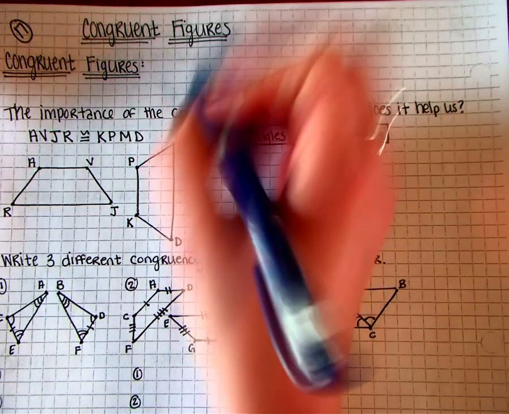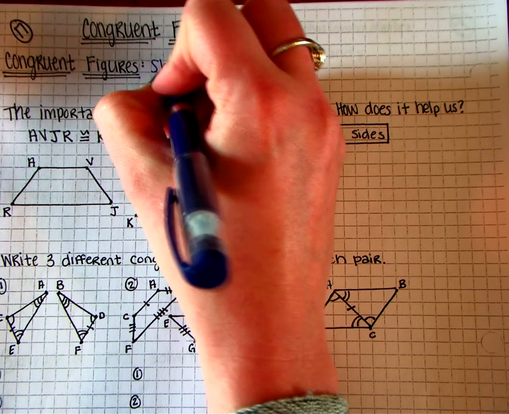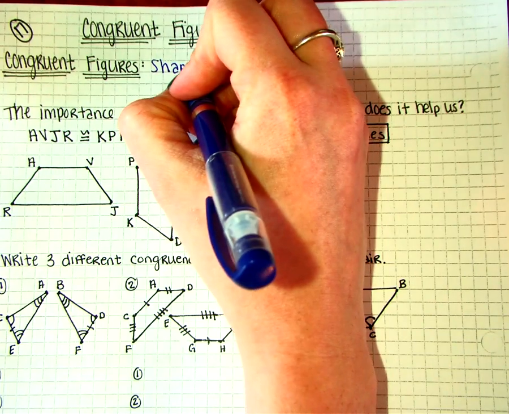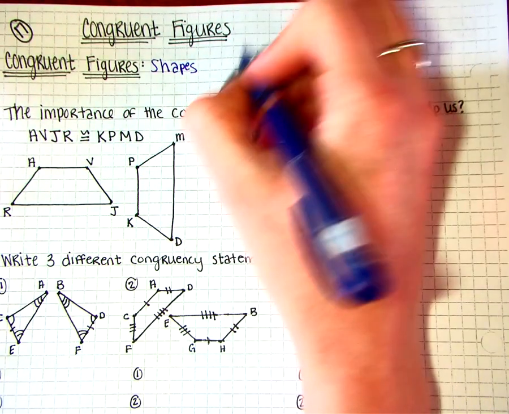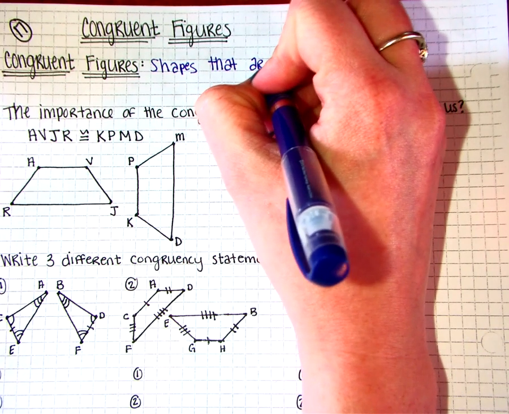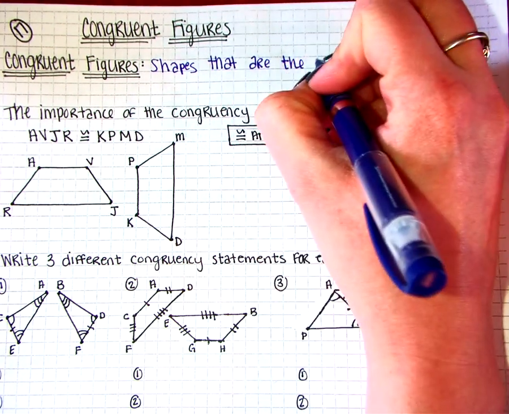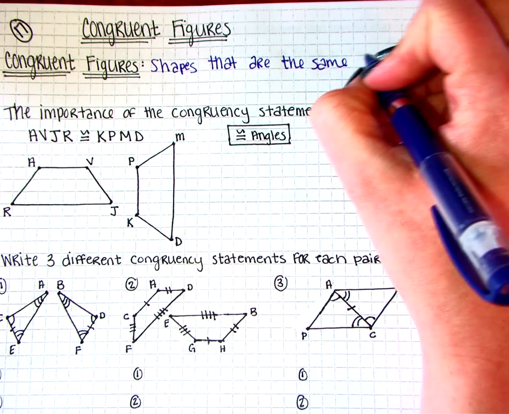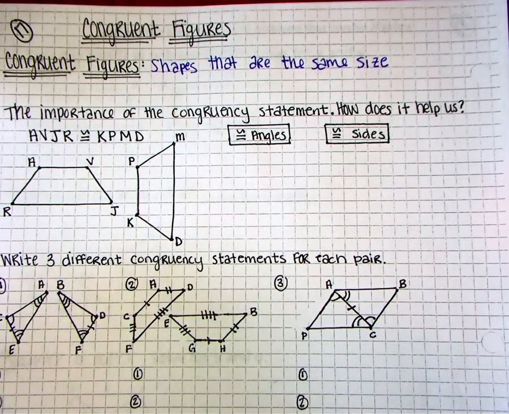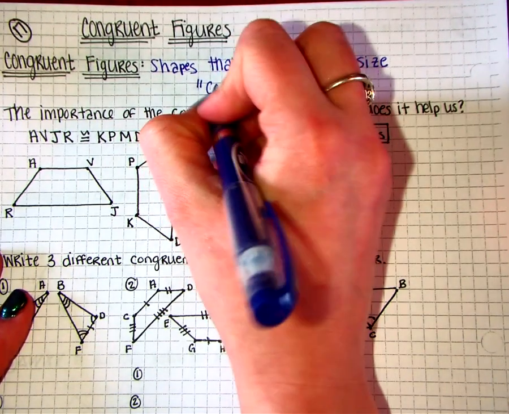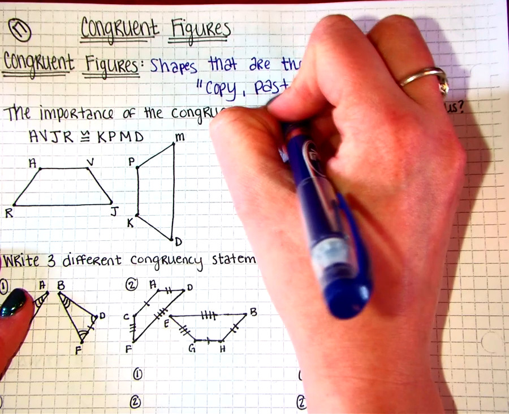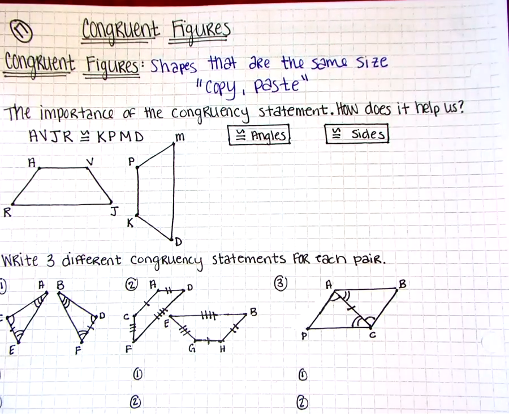So congruent figures, they are shapes that are the same size. It's basically like a copy and paste. So you copy the shape and then you paste it. It's like they're identical. Everything about them is the same.